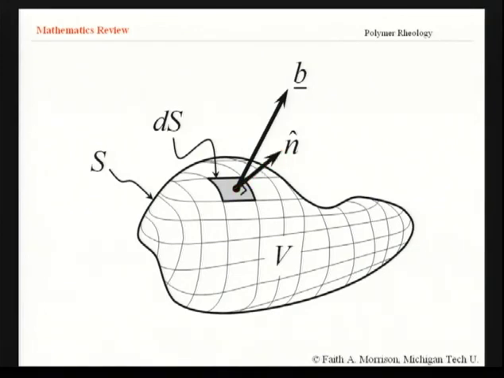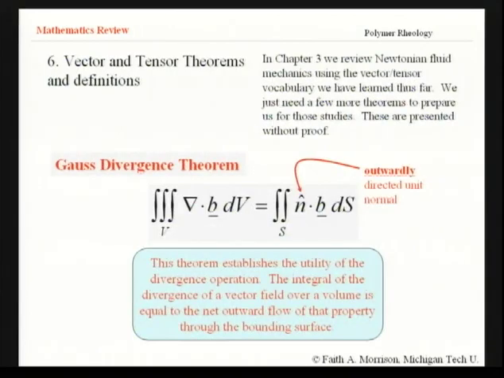And it's saying if I add up all of the outward fluxes at every location, that will be related to this way of expressing the rate of change of that property inside the volume. In words, the integral of the divergence of a vector field over a volume is equal to the net outward flow of that property through the bounding surface.